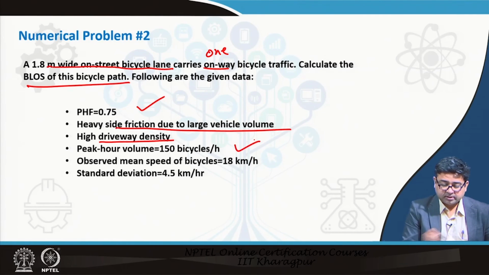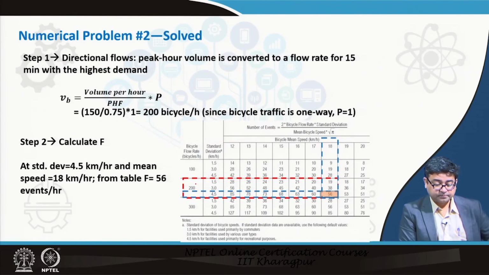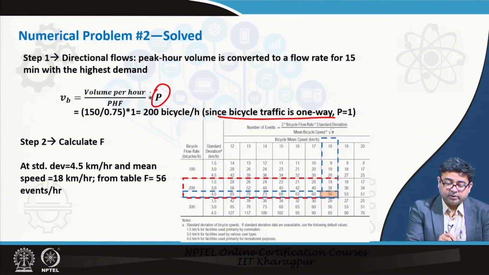Peak hour volume is 150 bicycles per hour. Mean speed of bicycles is 18 kilometers per hour, and the standard deviation is 4.5 kilometers per hour. Since it's a one way bicycle lane, P will be equal to 1.